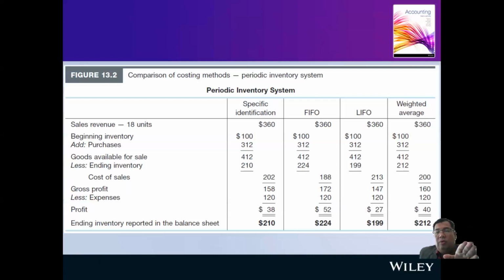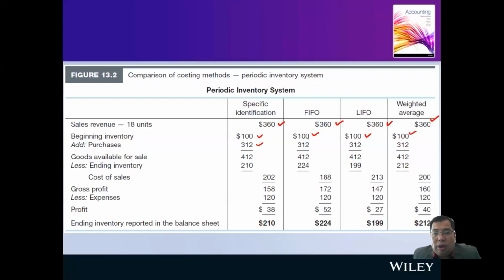I'm going to show you a comparison between these methods. For example, we have a specific identification method. Our sales revenue is the same. Our beginning inventory is the same, 100.